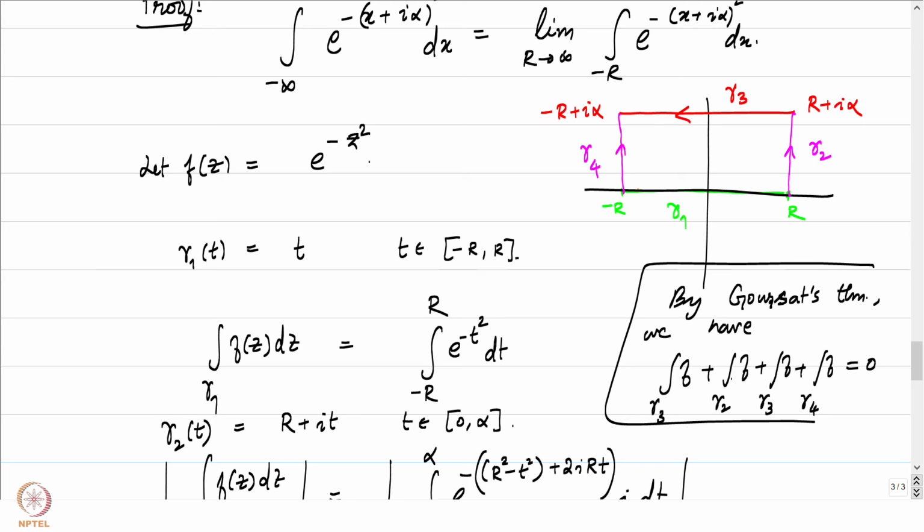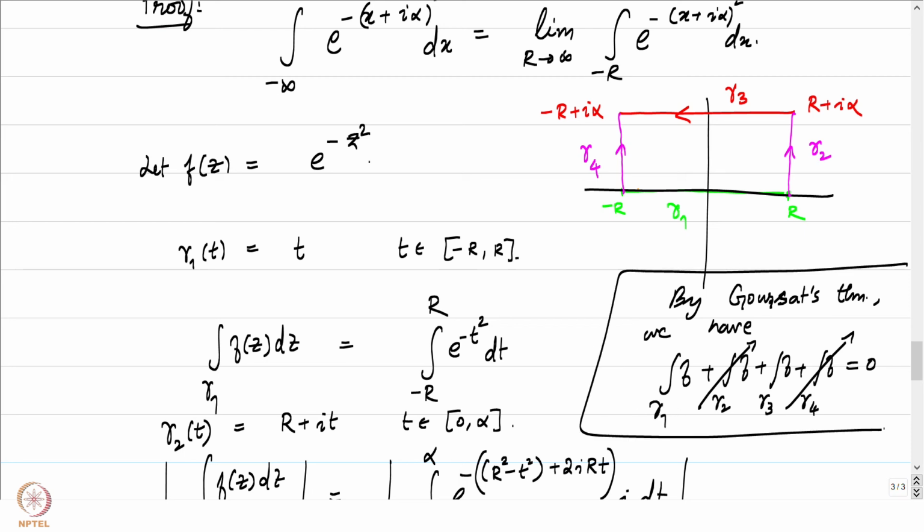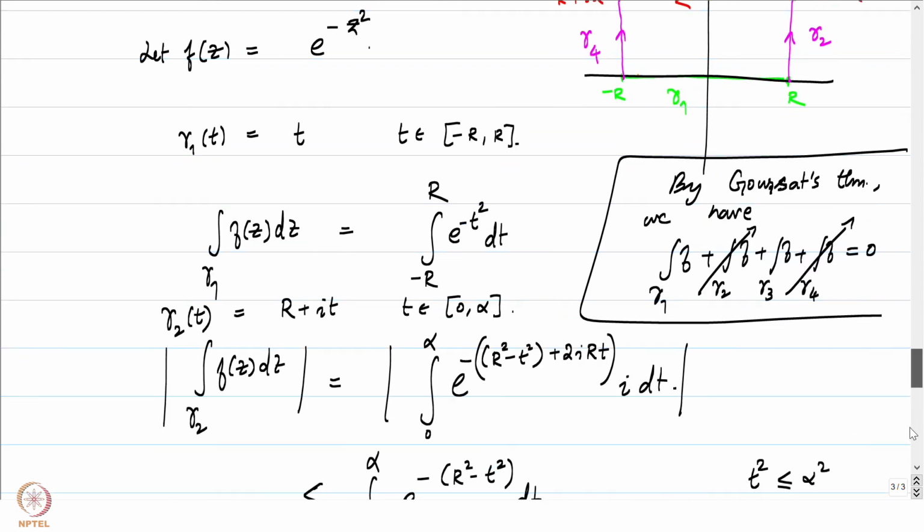And as r goes to infinity, this vanishes and this vanishes. And therefore, we have integral of gamma 1 plus integral of gamma 3 is equal to 0.